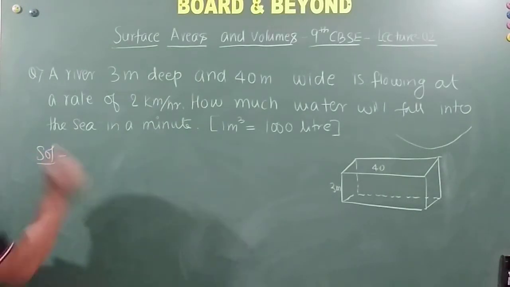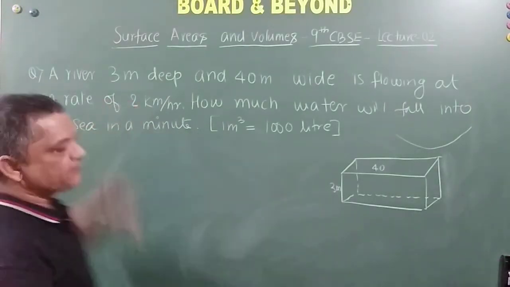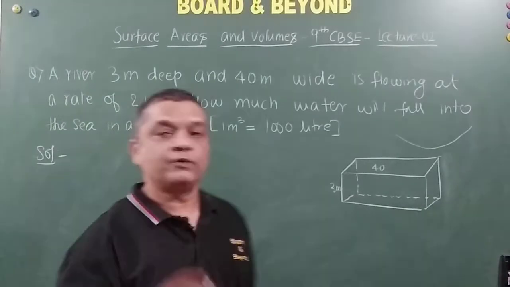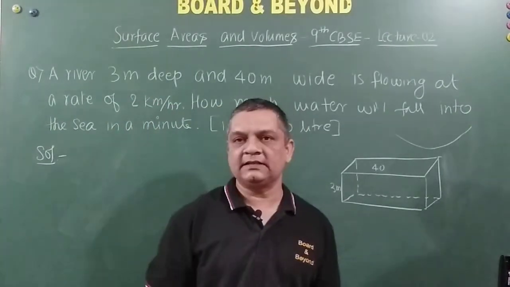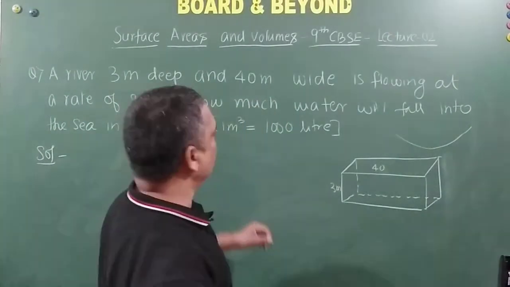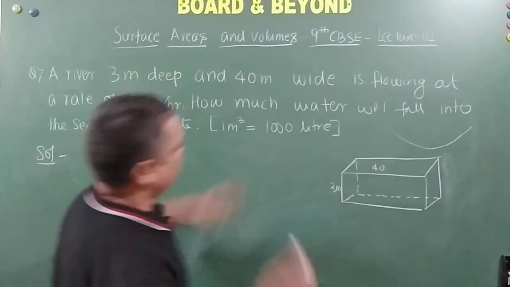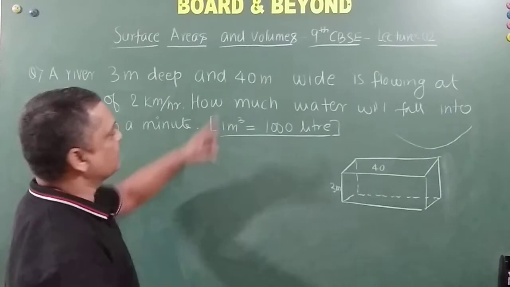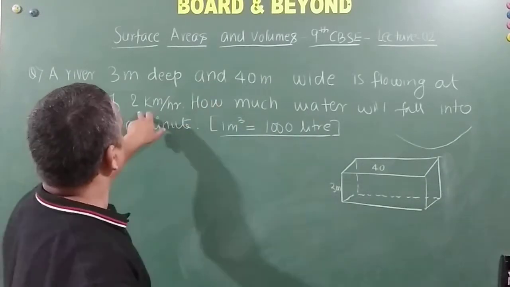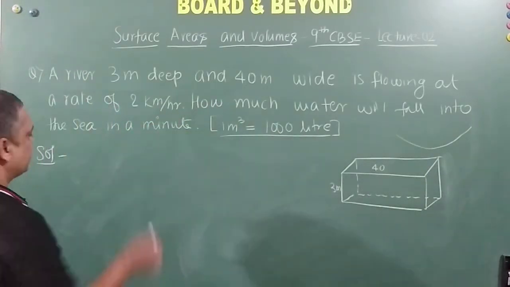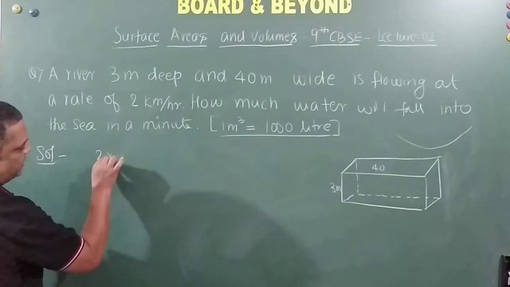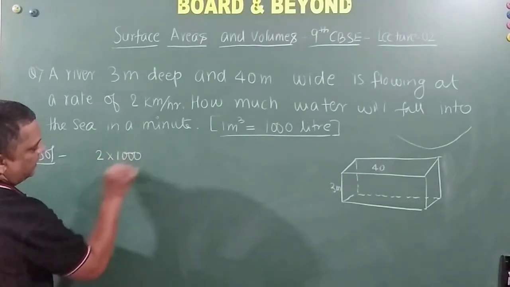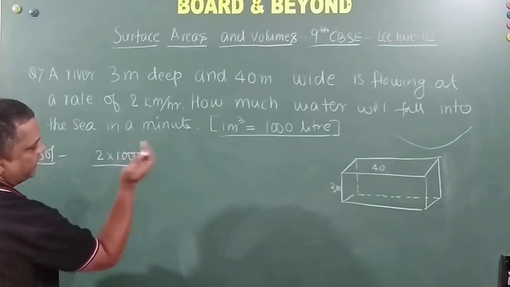Right, friends? So see, this is flowing at a rate of 2 kilometer per hour. In the sense, we will try to convert it. One more thing, this is given in meters. So I convert that 2 kilometer per hour into meter per minute. So 2 kilometer into 1000 is nothing but it has been converted into meter.